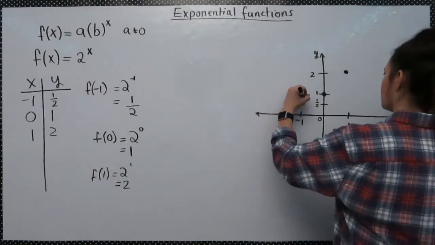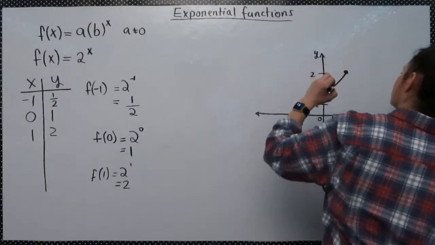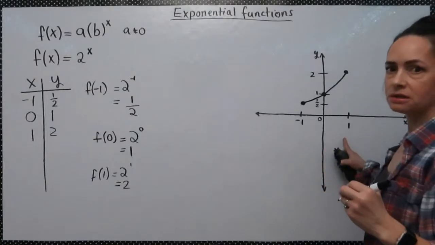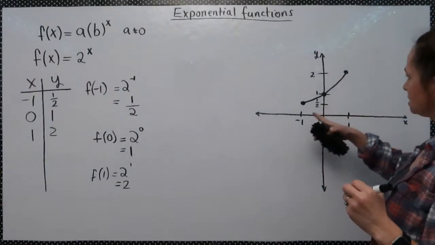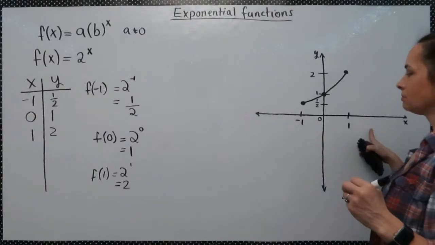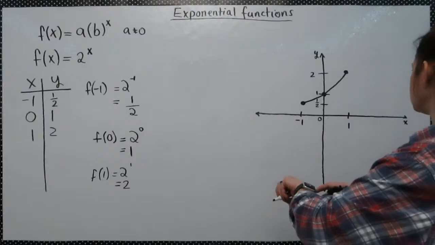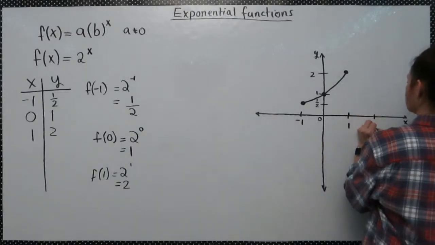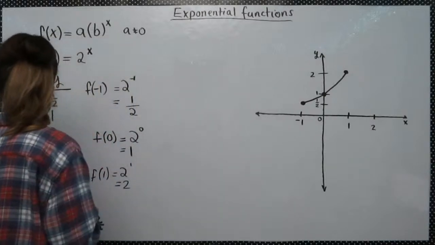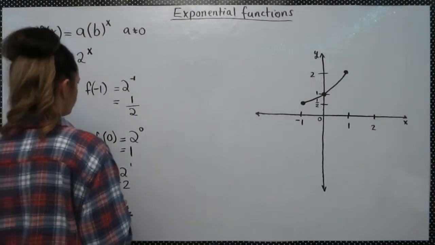What this graph is doing, it's curving upward at such a fast, rapid pace that by the time we get to 2, we're already at 4. If I plug in 2, and we'll do one more just for fun, 3.